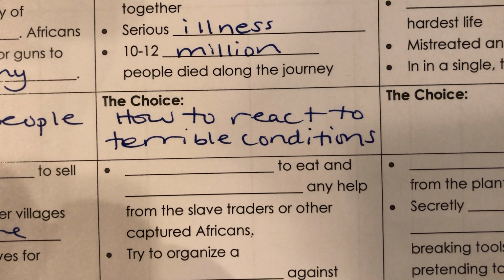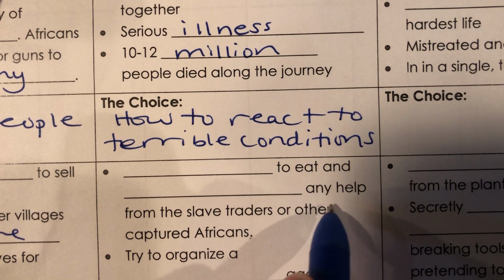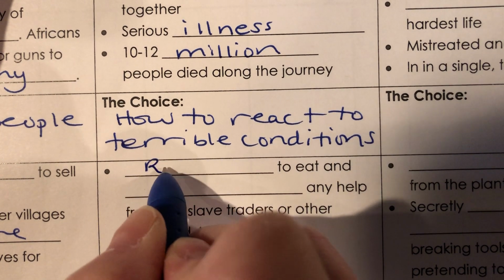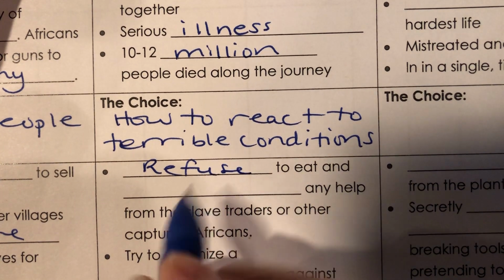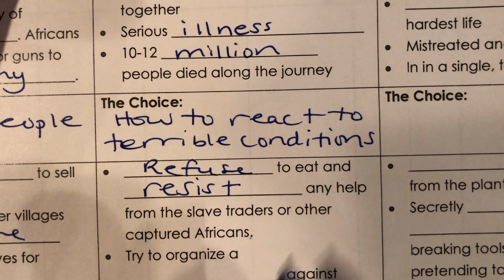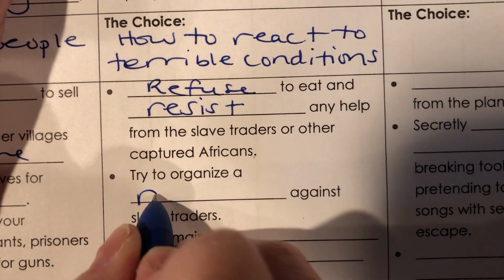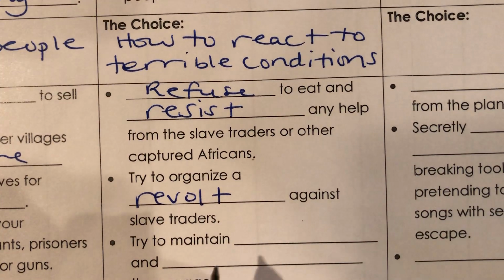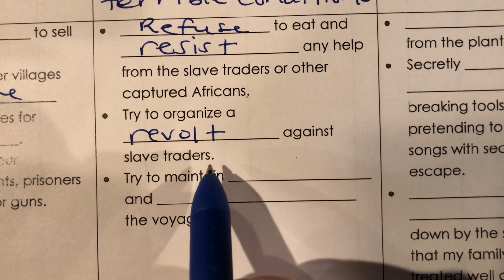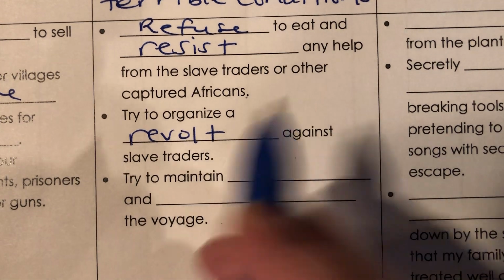How to react to terrible conditions. So some people chose to refuse to eat and resisted any help from the slave traders or other captured Africans. In essence, they were choosing death. Some others chose to organize a revolt or rebellion against the slave traders, knowing that the likelihood of them being killed in the process was very high, but they chose to risk it, to fight.